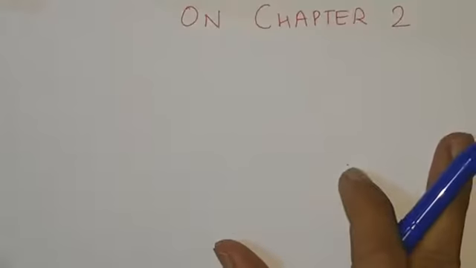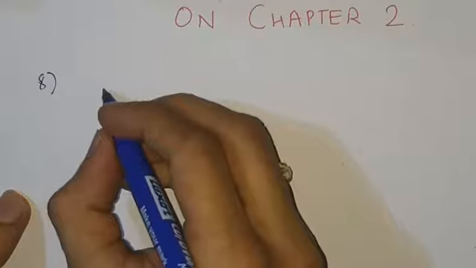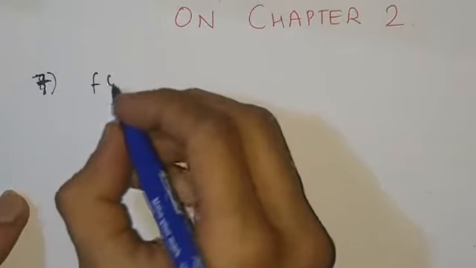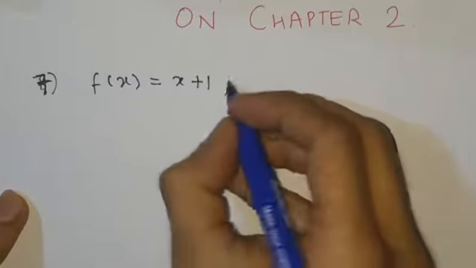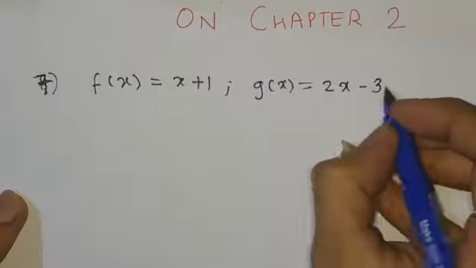So let us see how to solve. You are given two functions f(x) = x + 1, g(x) = 2x - 3.